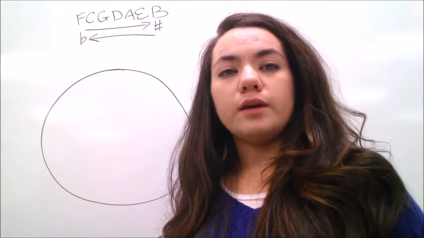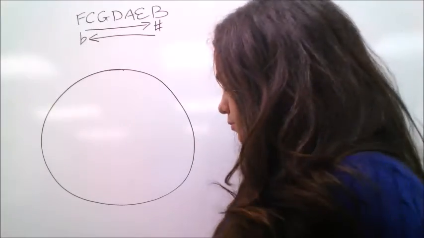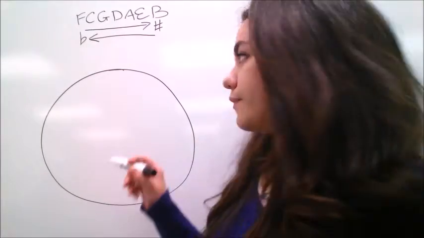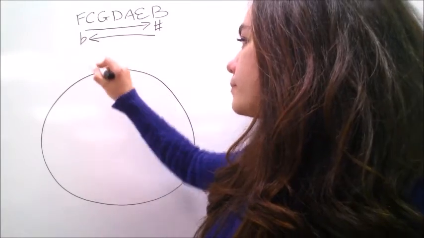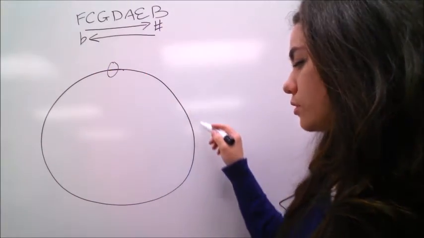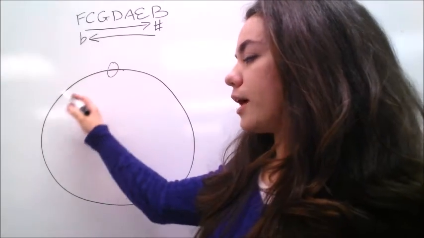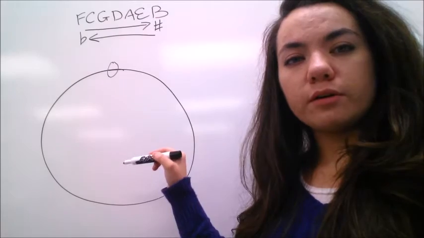And there will also be 1 signature with 0 sharps or flats. We'll start by putting this one at the top. We'll make the sharp key signatures go around clockwise, and the flat key signatures go around counterclockwise.